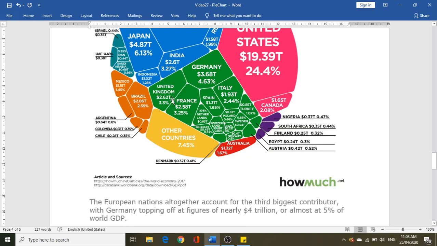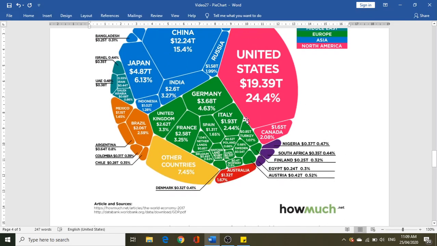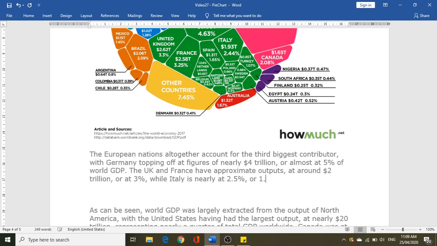Let's group the United Kingdom and France together. The UK and France have approximate outputs at around $2 trillion, or 3% there, while Italy is nearly at 2.5%, or $1.93 trillion there.